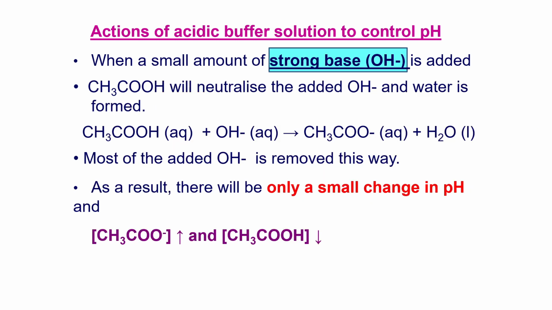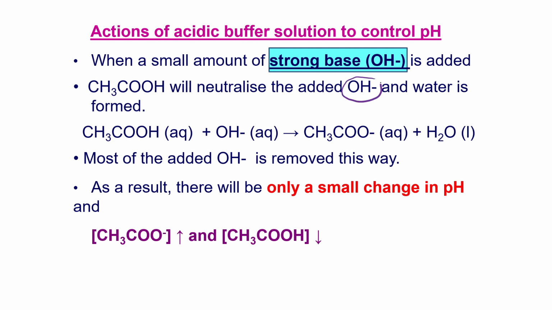Bila kita masukkan OH minus, okay, OH minus ni datang daripada mana? OH minus datang daripada sodium hydroxide ataupun strong base. Bila base yang kita masukkan, weak acid akan meneutralkan OH minus.